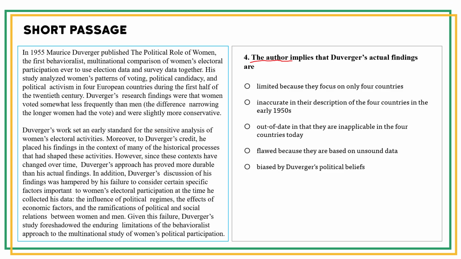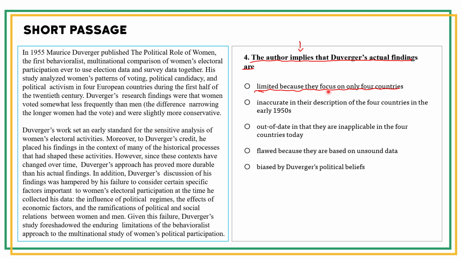The author implies that Duverger's actual findings are what? Well, with implication type questions, I find it easier to read the options and then go to the passage and prove or disprove the options from the passage, not from my notes, never from my memory, but always from the passage.